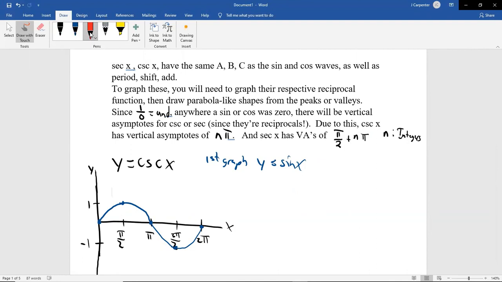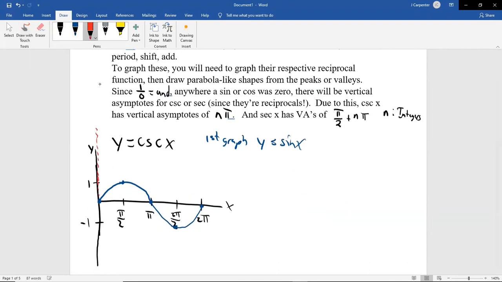There would be an asymptote just a little bit here, because the graph was 0 here, which means the reciprocal graph is undefined there. The graph is also 0 at pi, which means the reciprocal graph is undefined at pi. And then the graph is 0 at 2 pi, which means the reciprocal graph, the one we really want, is undefined at 2 pi.